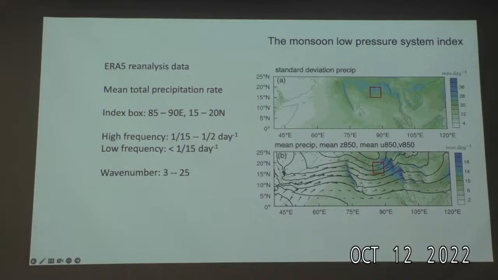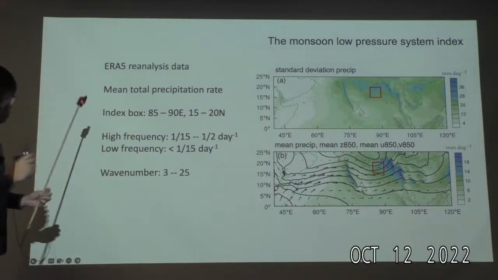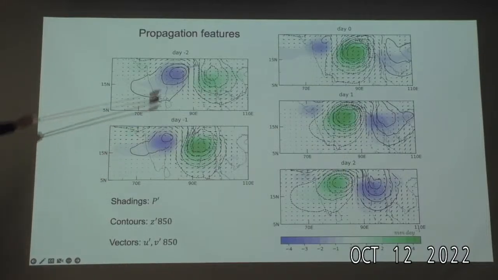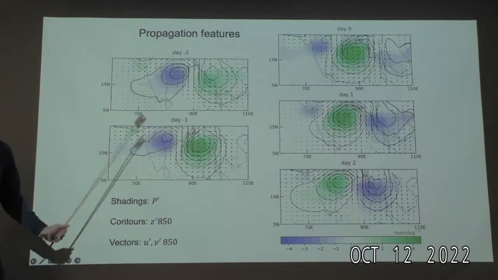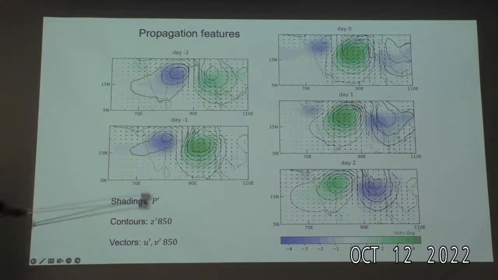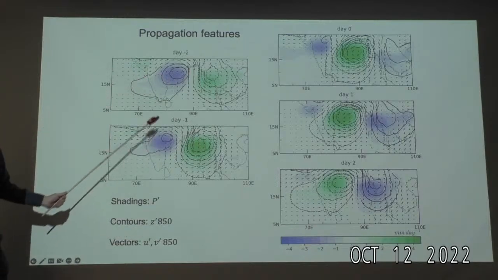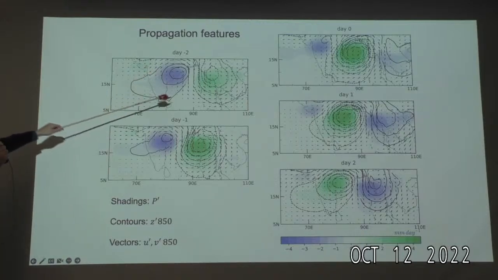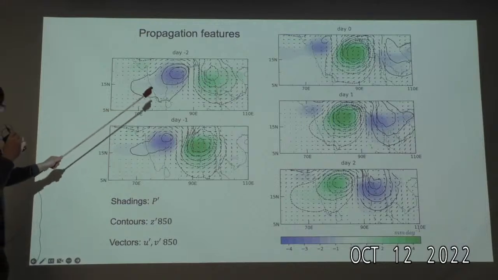After having this index, we do lag regressions, linear regressions, onto this index. This panel is showing lag regressions of precipitation data onto the index. The shading is the precipitation, the contours are the geopotential height at 850 hectopascals, and the vectors are the zonal wind and meridional wind at 850 hectopascals.